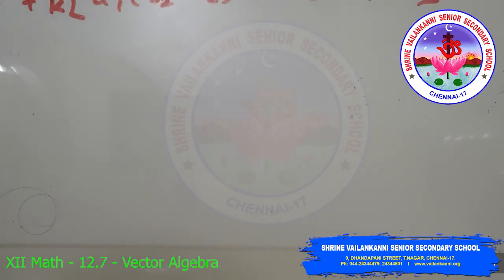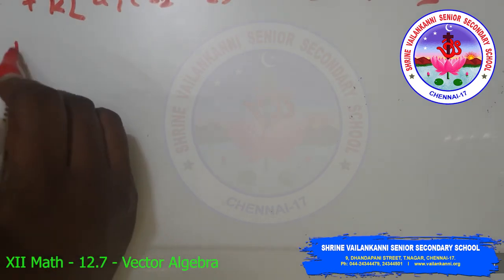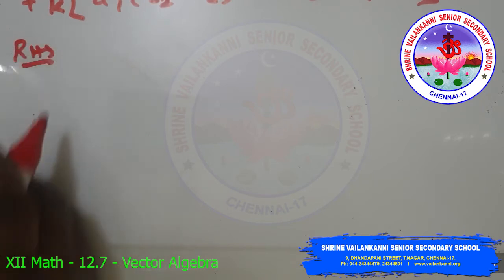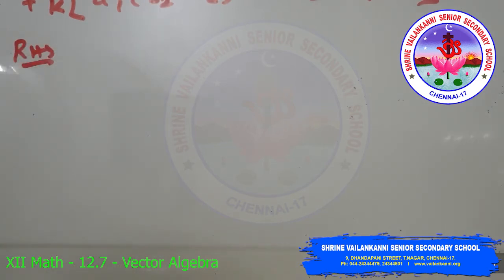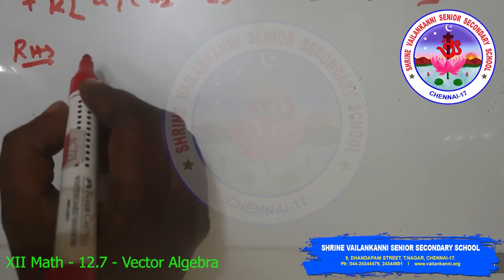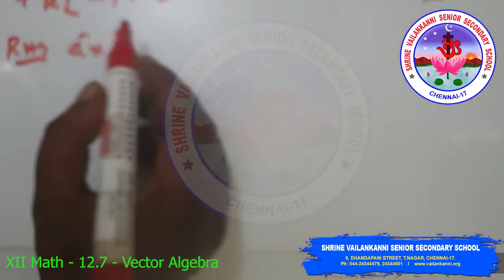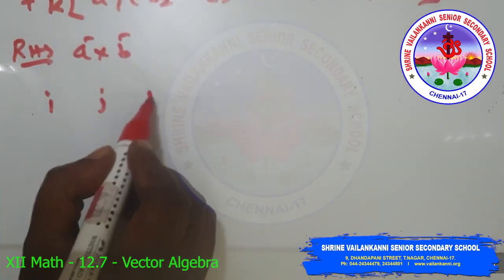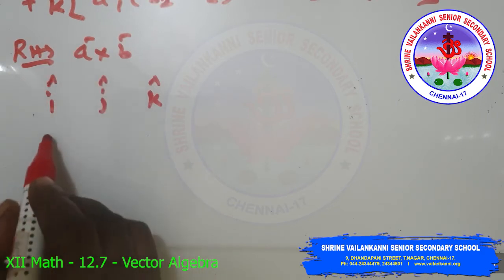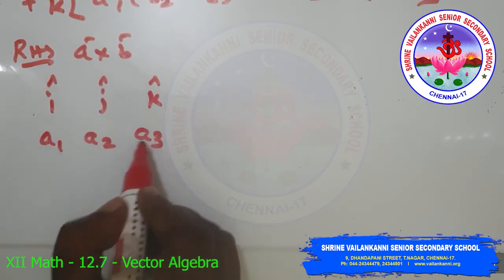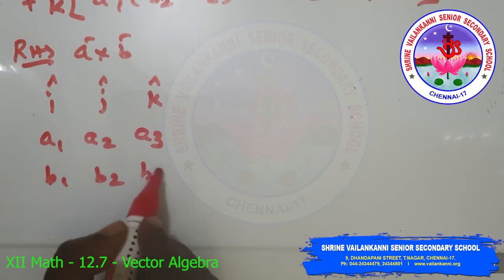Now we are going to find the RHS, A cross B plus A cross C. A cross B using the determinant form i, j, k, A1 A2 A3, B1 B2 B3.